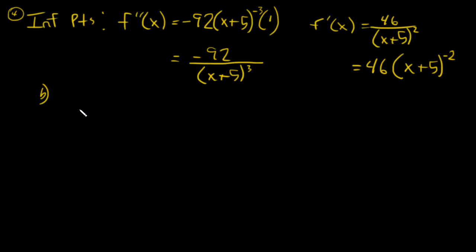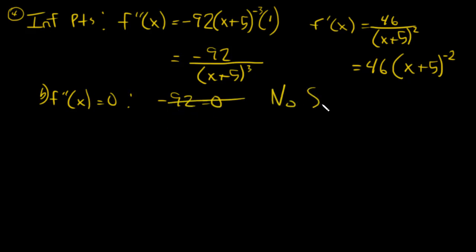What about part B? f double prime of x equals 0 implies that negative 92 equals 0. Nope. No solution. Well, what does that mean? There are no inflection points either. So step 5, the f double prime chart, skip. You don't need it.